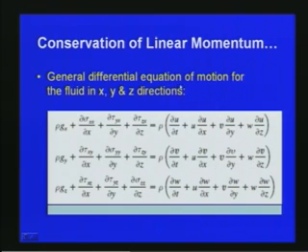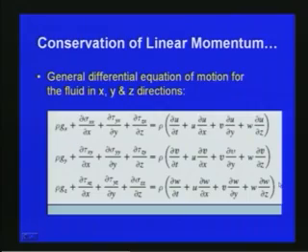The general differential equation of motion in z direction can be written as rho into gz plus del tau xz by del x plus del tau yz by del y plus del sigma zz by del z is equal to rho into del w by del t plus u into del w by del x plus v into del w by del y plus w into del w by del z.